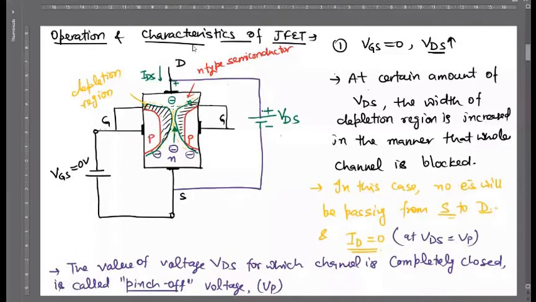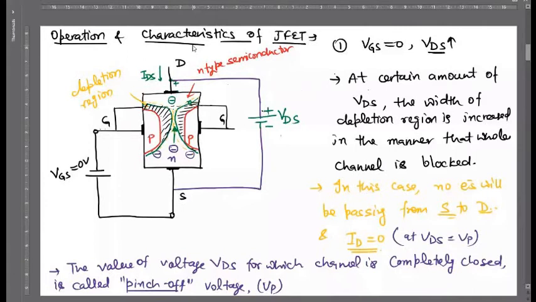Okay, fine. And finally, you can see one more thing. As this applied voltage VDS decides the width of this depletion region, the amount of current is also decided by this VDS.